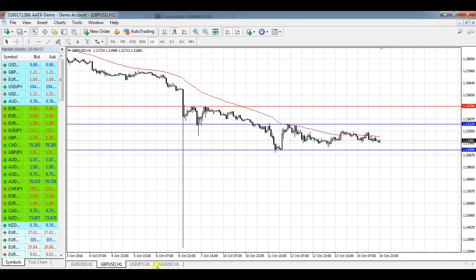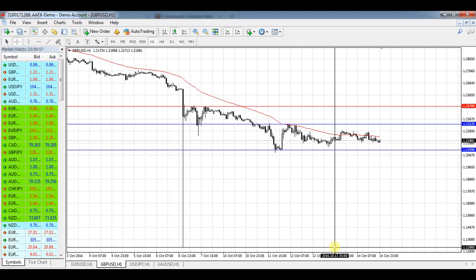That's why our scenario for trading the British pound is quite simple. Just wait for the price to go down and break out 1.2109, and we will set a stop loss a little bit above the breakout candlestick, and we'll wait for further downtrend.